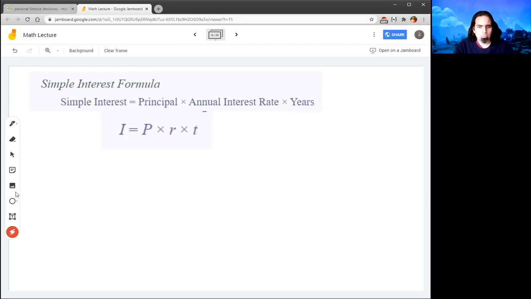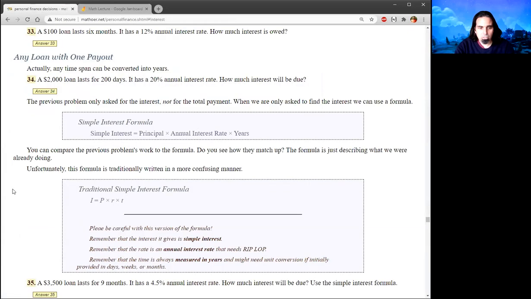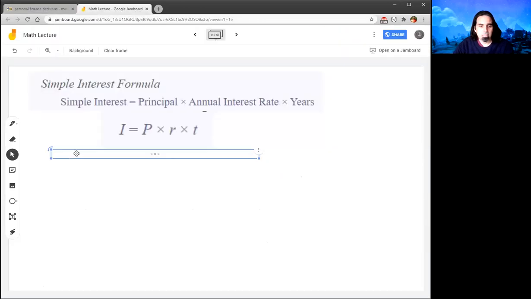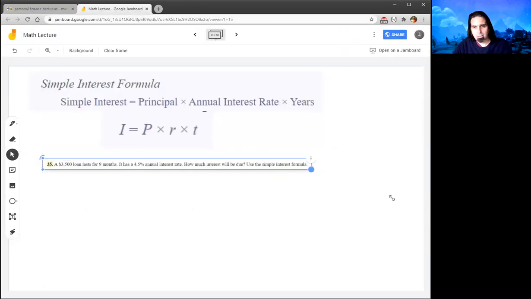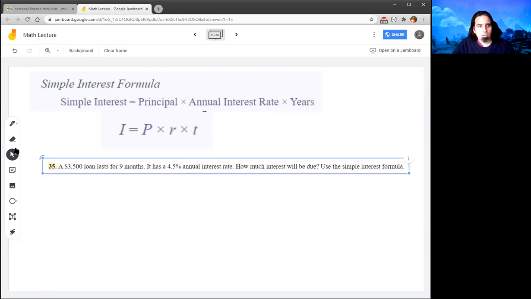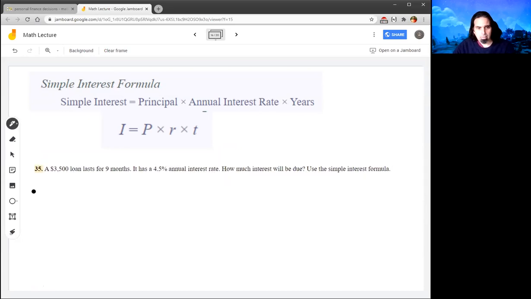So let's do another one and see how easy this is. So we have the principal is 3,500. The interest rate is 4.5%.